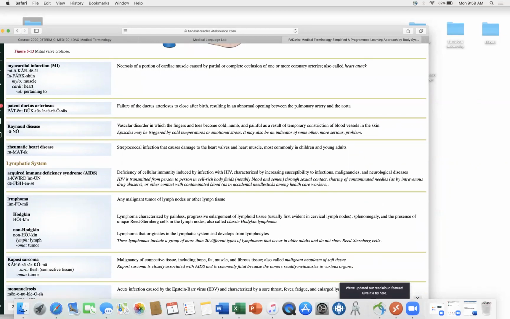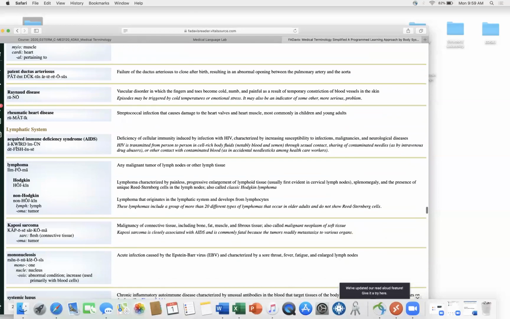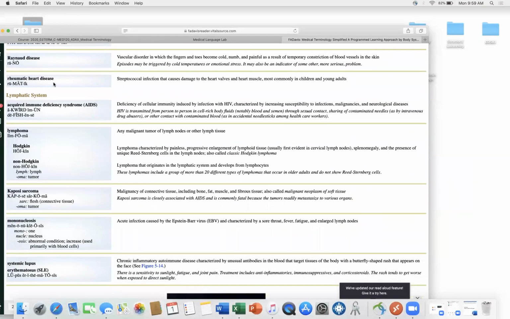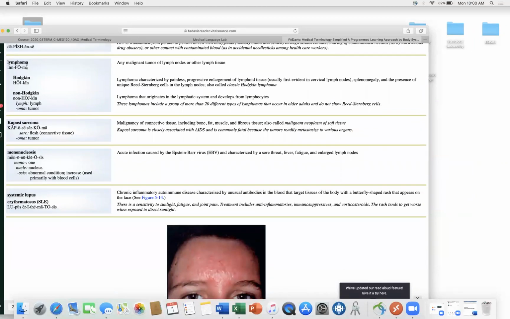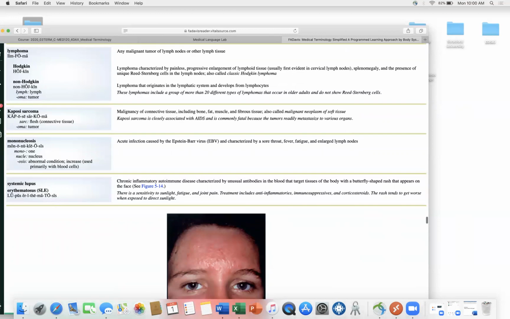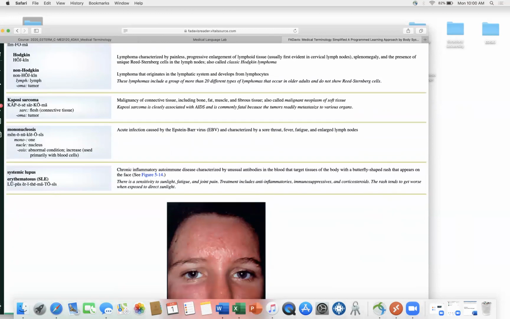PDA, patent ductus arteriosus, is not that common. RHD, rheumatic heart disease, not that common. AIDS, lymphoma, we already talked about that. Oma, potential tumor. Lymph, in my lymph vessels or lymph fluid. You have two types, Hodgkin's and non-Hodgkin's, and they are definitely cancer.